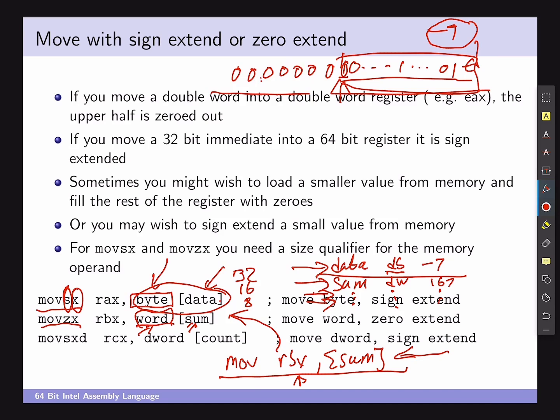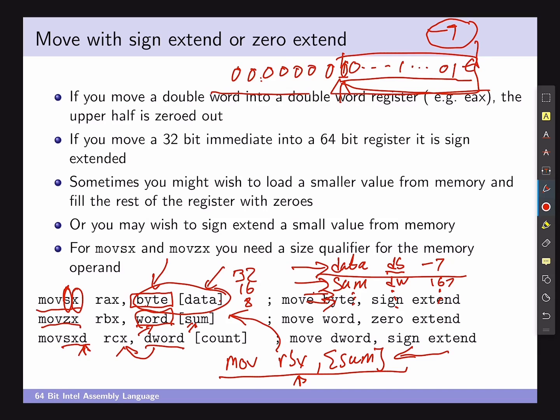There's also an extension to these operations, which is movsxd. This stands for move sign extend double data word, and this is specifically for situations where I want to move a double data word into a 64-bit register. Now here it can be argued that this dword is a little bit redundant because it's kind of specified in this instruction, but generally the rule applies that if the assembler can't implicitly figure out what is happening, you definitely need to specify the size.